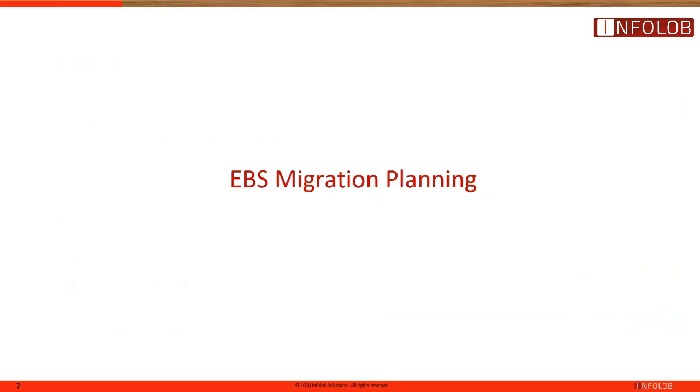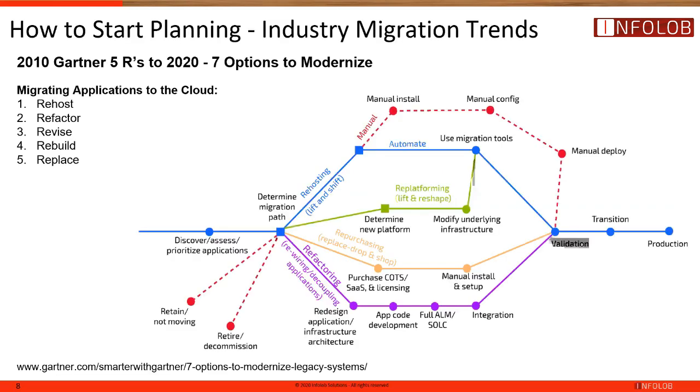From a migration planning standpoint, we covered a couple of these things in the last session. Gartner put out a rationale about 10 years ago around what you consider when moving your apps to the cloud.